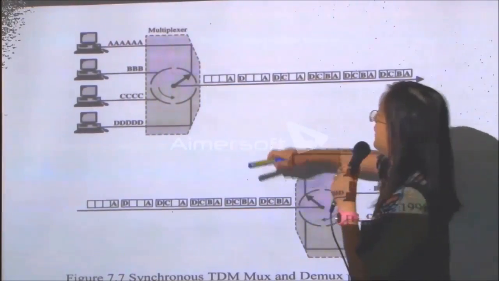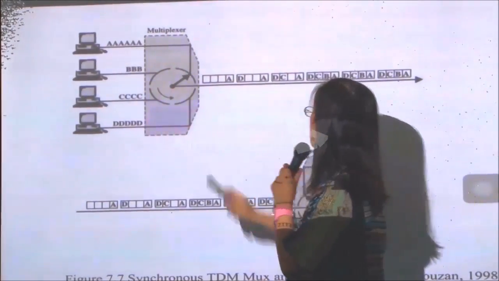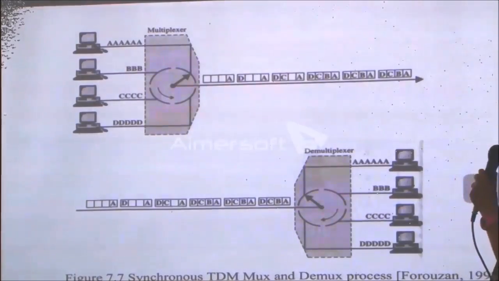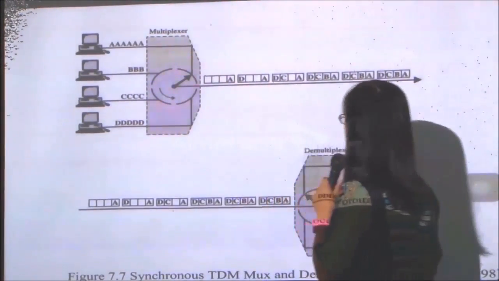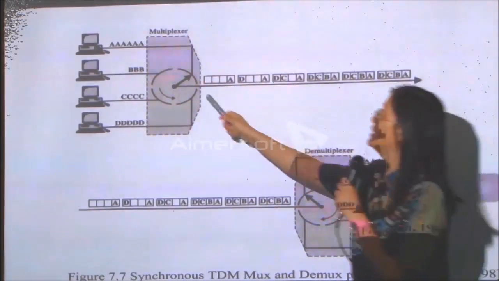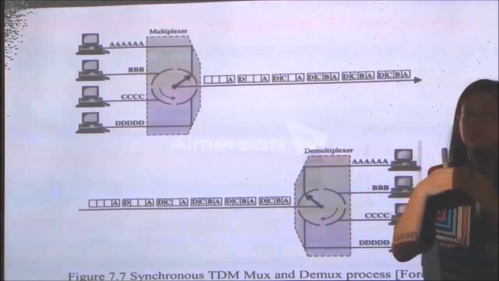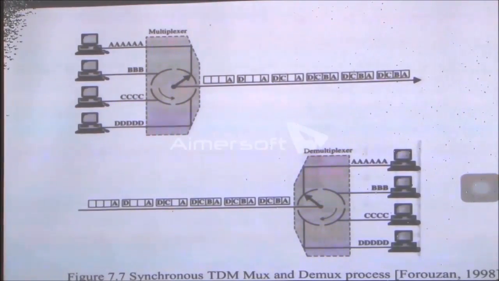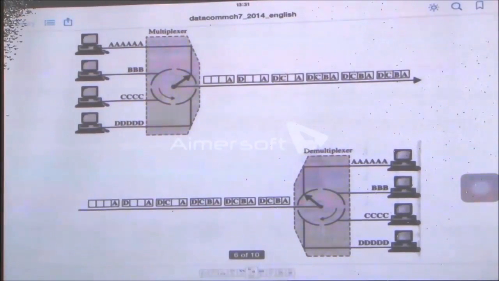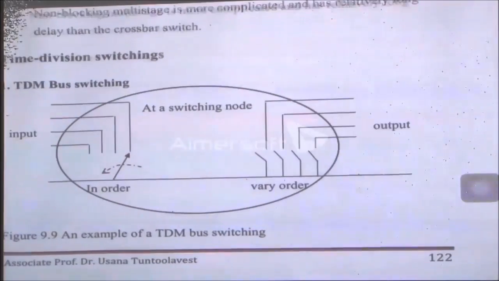In this case, if I want to send the data from A to C, I will just close the switch at C when it touches A, so that it will send. So please remember this picture, and then we will go to this one, okay.